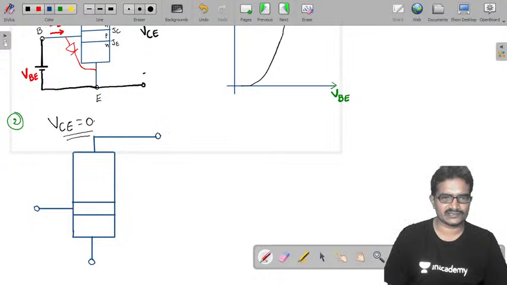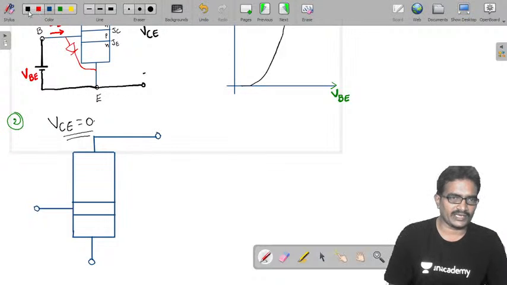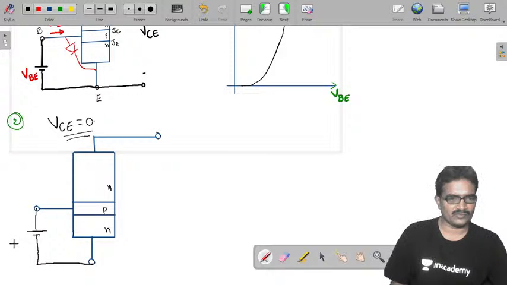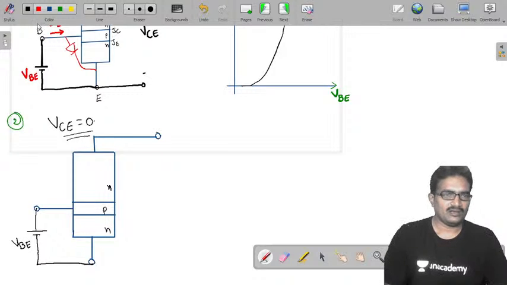Now we know that it is an NPN transistor, and this is the VBE you are applying. It seems to be a forward biased PN junction diode.